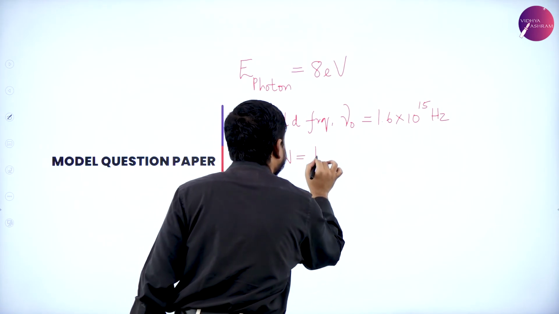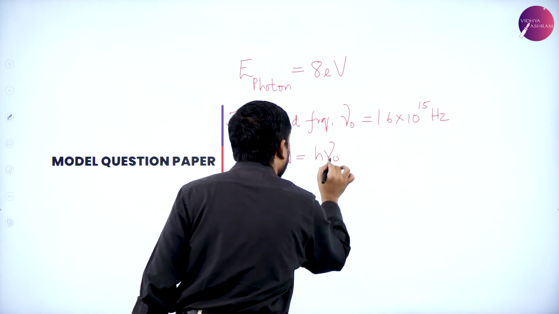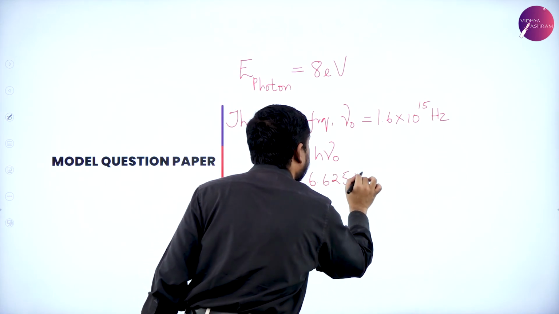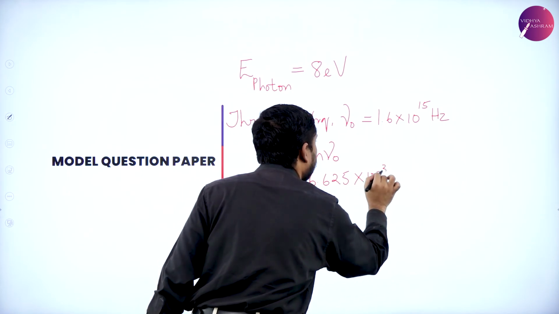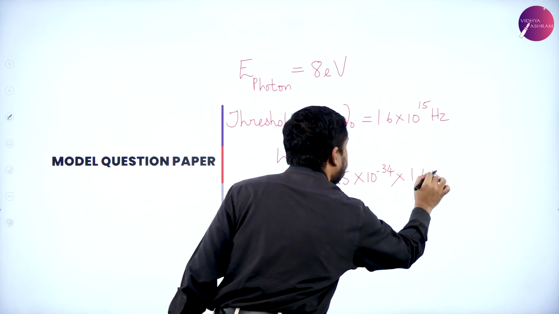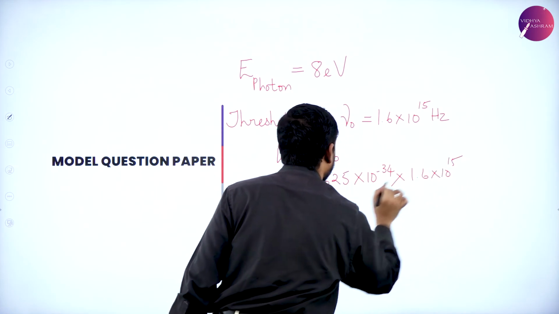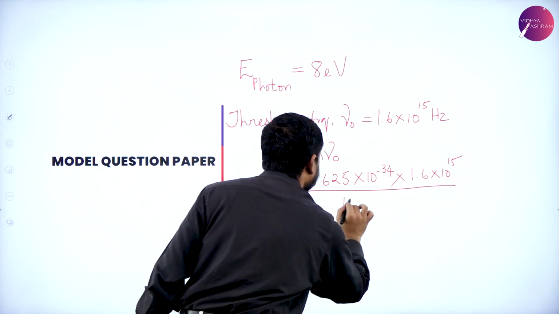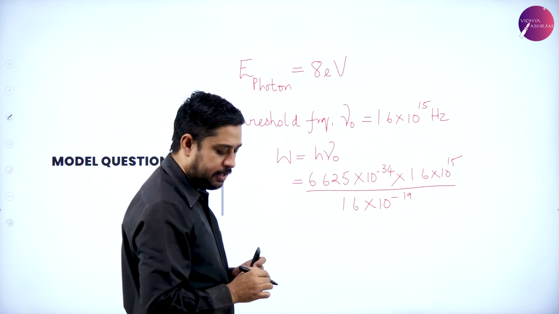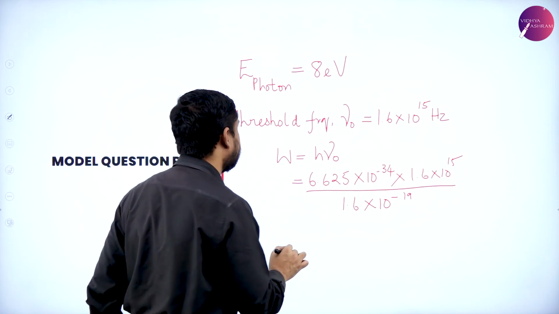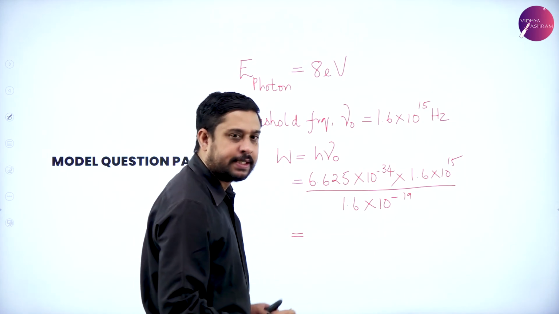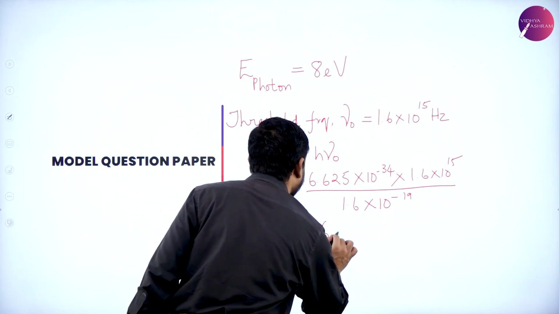We know it is h nu naught, 6.625 into 10 power minus 34 into 1.6 into 10 power 15, and to convert this into electron volts, divided by 1.6 into 10 power minus 19, which is equal to 6 electron volt.